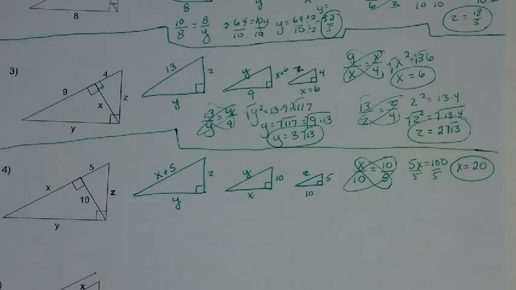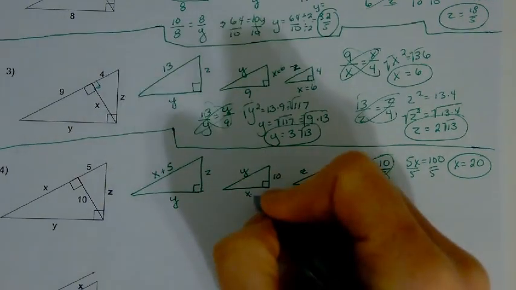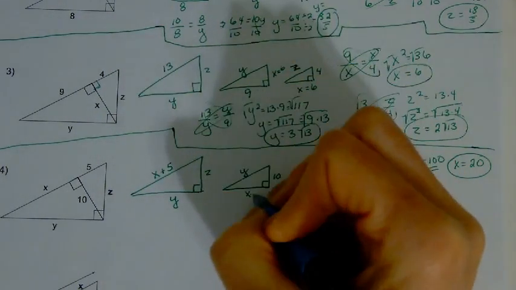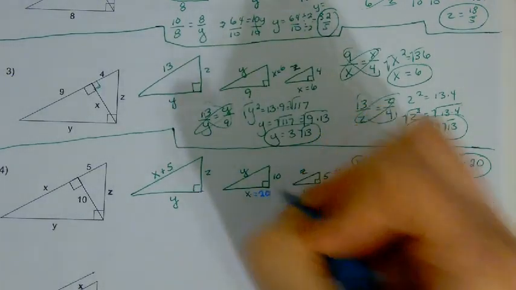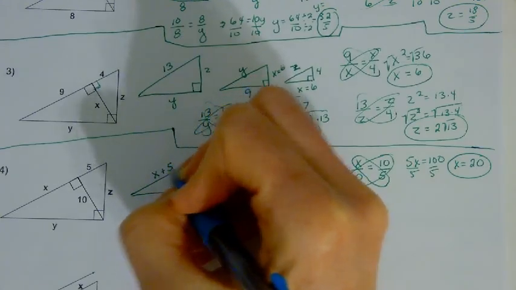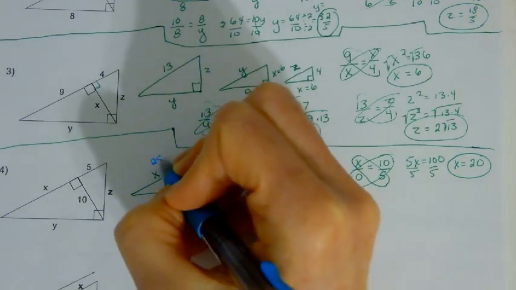I'm going to just do this. I'm going to say that x is equal to 20. And up here, x is equal to 20, so I add it to 5, so that's 25. So that gives us some values we could use.